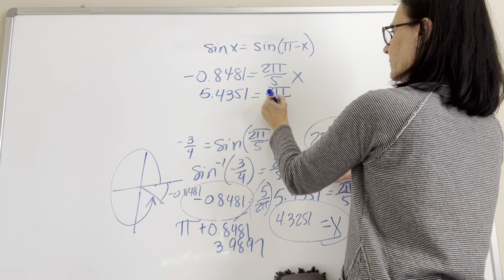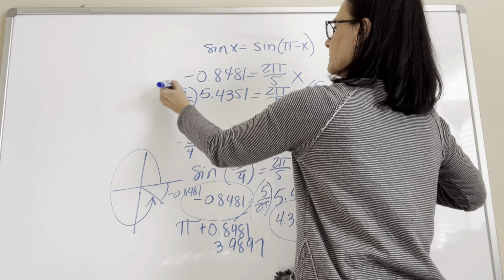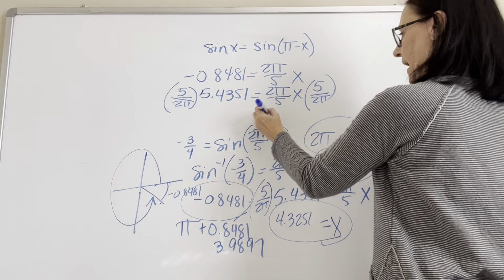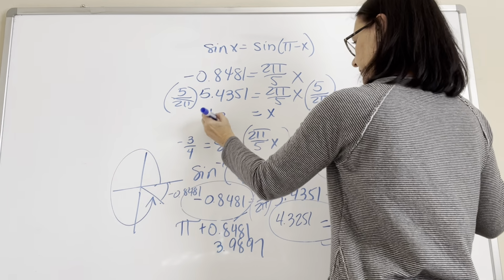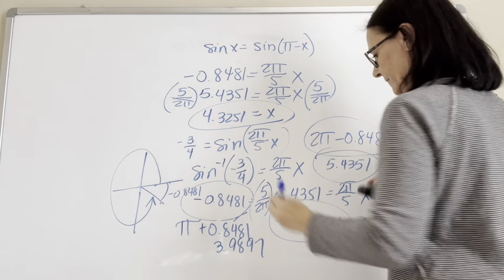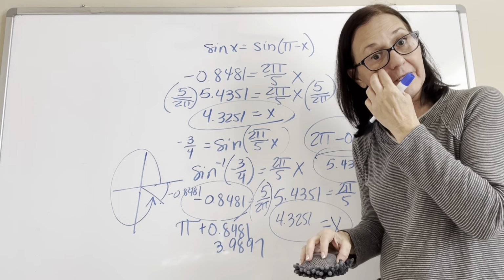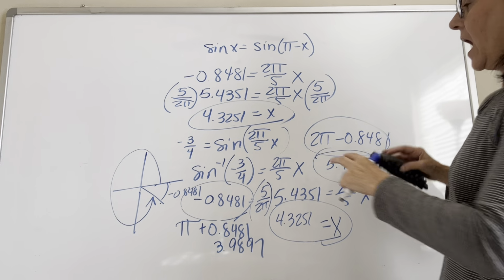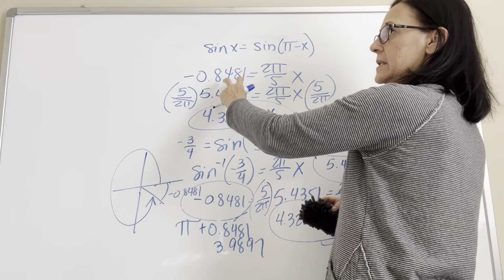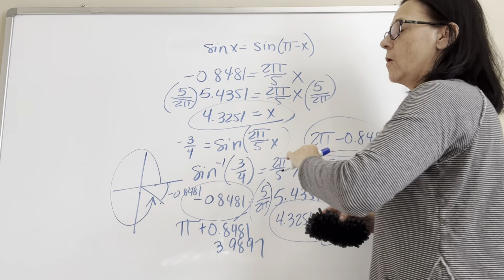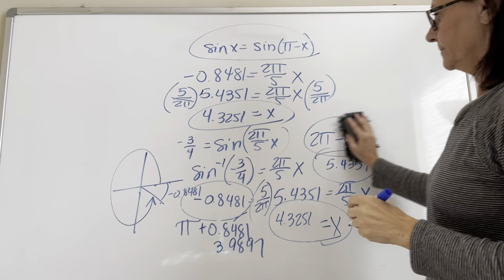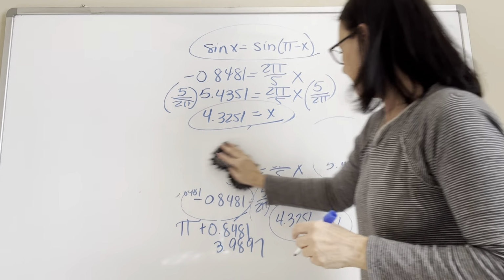I multiply by 5 over 2 pi. I'm going to erase some more of this. And the value of x was 4.3251. Just don't have as big a board as I do at school. Then, because I knew that the sine was negative, both in the third and the fourth quadrant, I utilized that concept. All right, so I'm going to erase a little bit more.